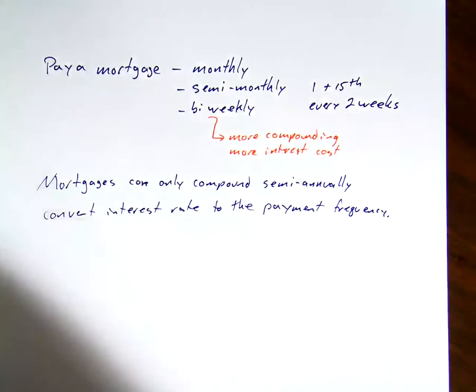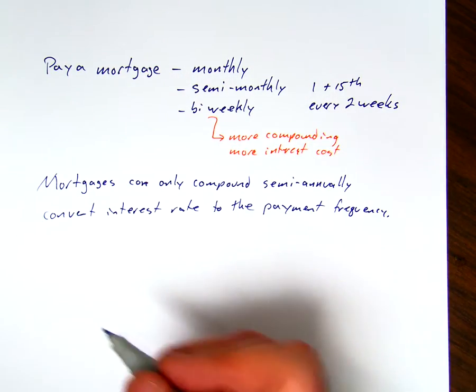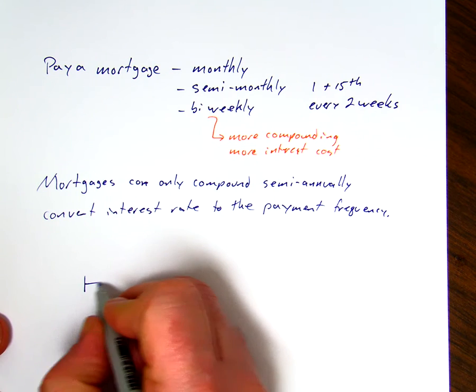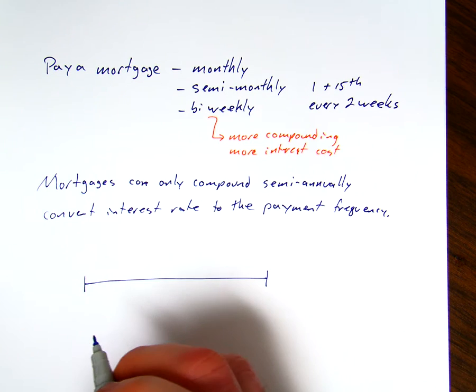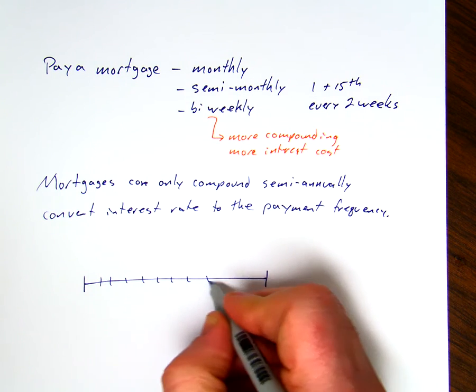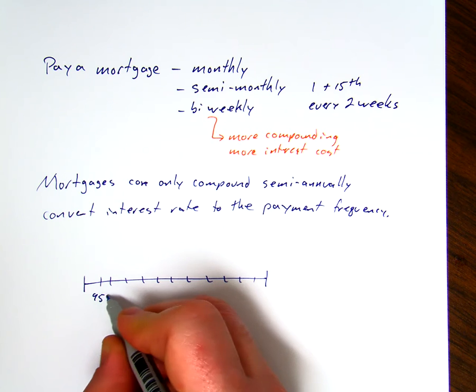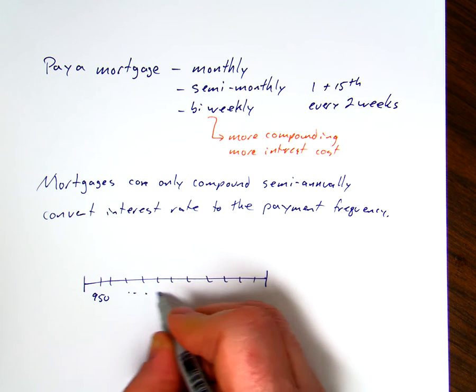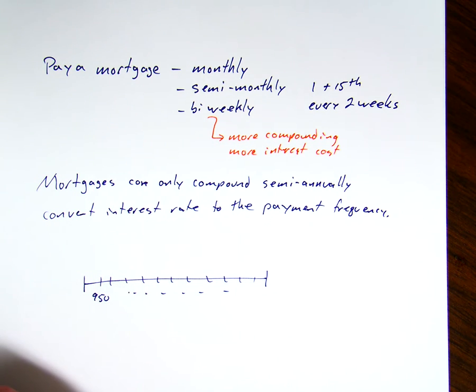So we have an ordinary annuity with $950 payments, each payment $950 over and over.